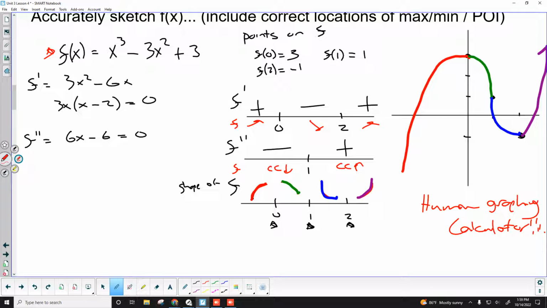Now, this was how you had to graph functions back in the day, before the calculator. Okay? Calculus helped you. This was so important that back in the day, on the AP exam, one of the 6 free response questions was graph this function. And it had you do like 7 different steps to make sure you knew exactly what the function looked like.